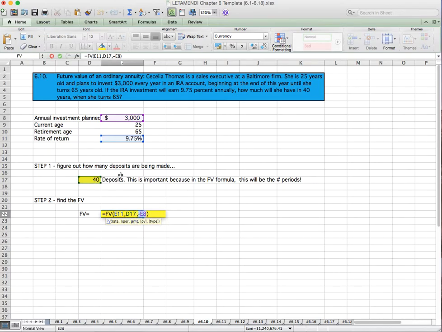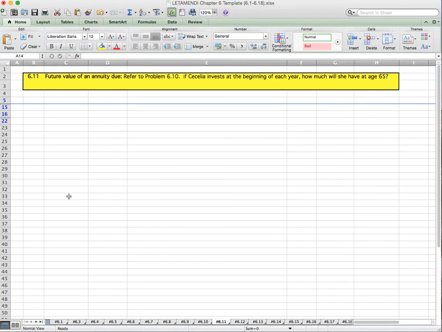And then the payments, they're going to be negative 3,000. Why? Because for her, it's money out each year. And that gives us a future value of 1,240,676 and 41 cents.